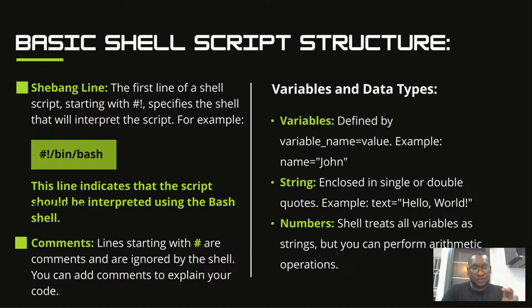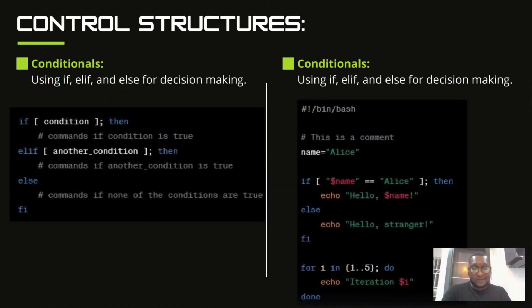If you put the number 4, 5, or whatever arithmetic value in quotes, it's a string. But in other programming languages, if you just write 4, it's a number. That's the data type. But in shell, almost all variables are strings automatically. So I hope you got that.